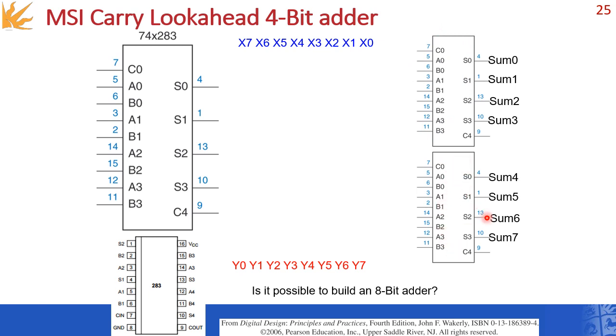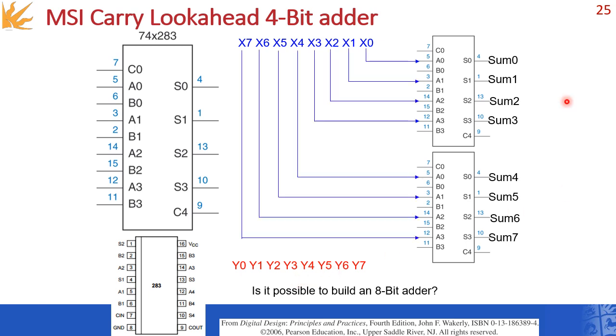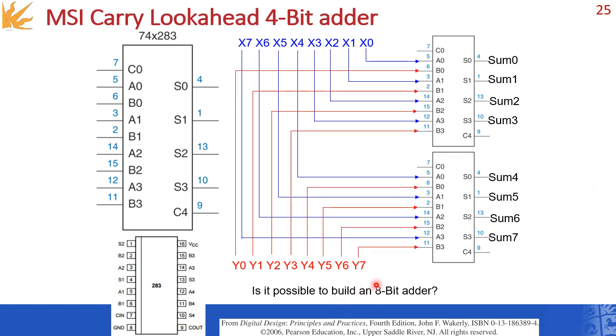The only thing you need to make sure is that for the 2 numbers you're trying to add, you will pass the least significant bits through the same MSI carry look-ahead 4-bit adder and the most significant bits from the second one. And for the red number, you pass again the least significant bits through the first MSI carry look-ahead 4-bit adder and the most significant bits for the second one. And this is how you can build an 8-bit adder.